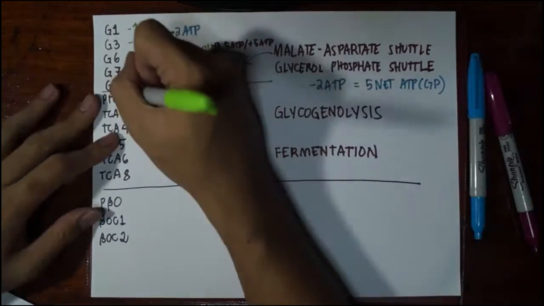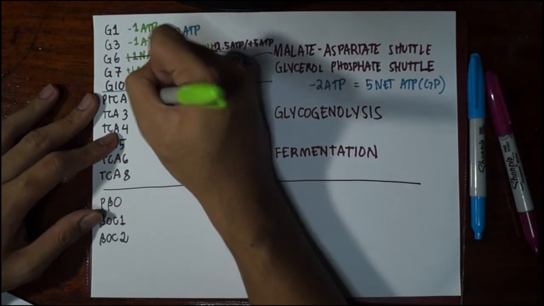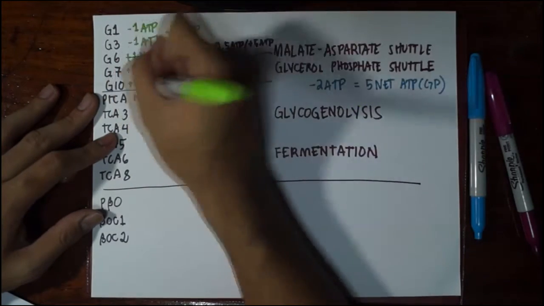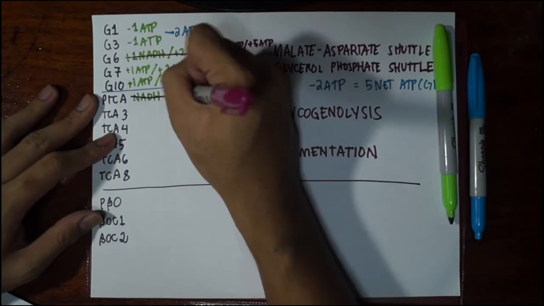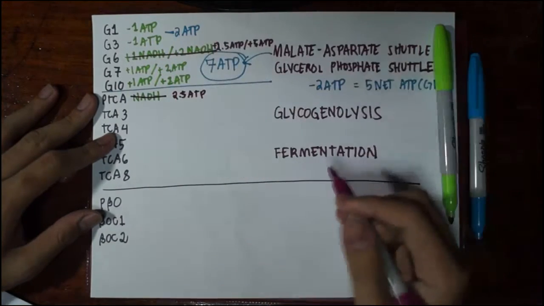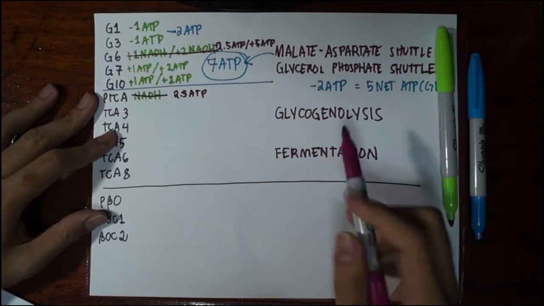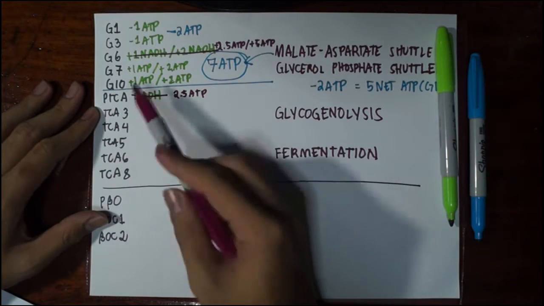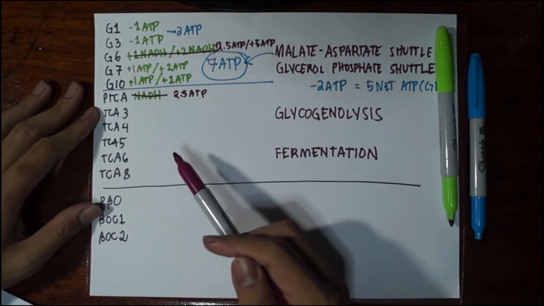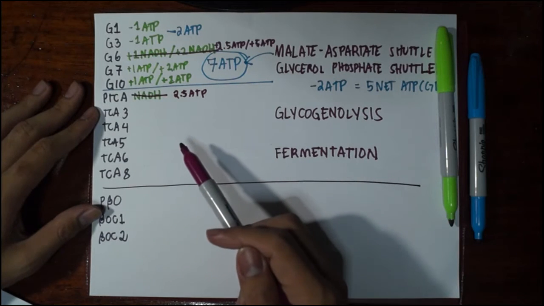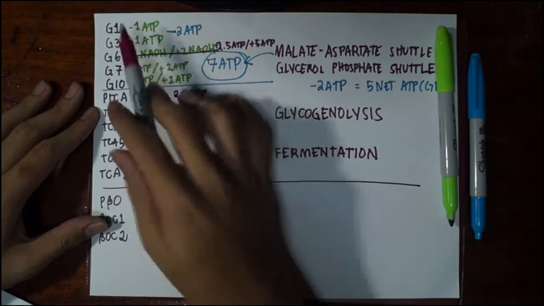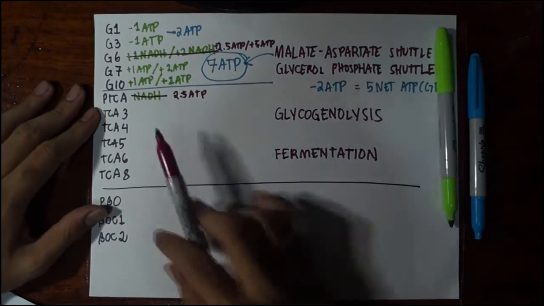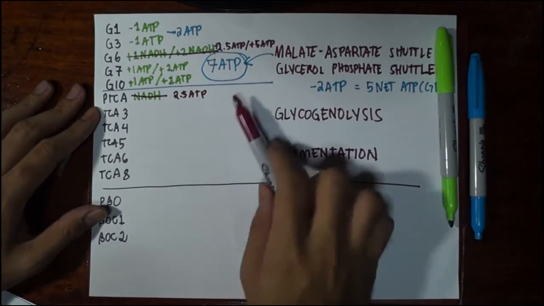So if we produced 1 mole of NADH, we assume that it would now produce 2.5 ATP. Is there a shuttle for this? The answer is no. Why? Because the Krebs cycle already occurs inside the mitochondrion, not outside. So you don't need shuttles for any NADH or FADH other than for glycolysis.